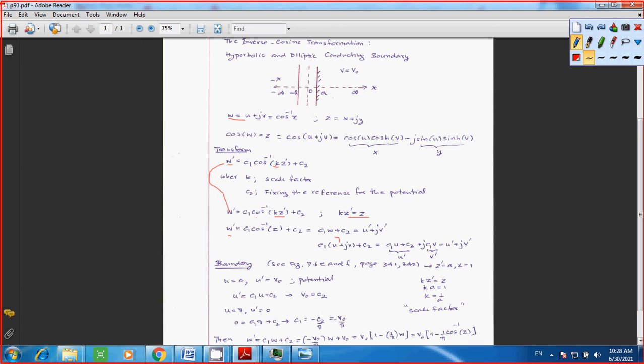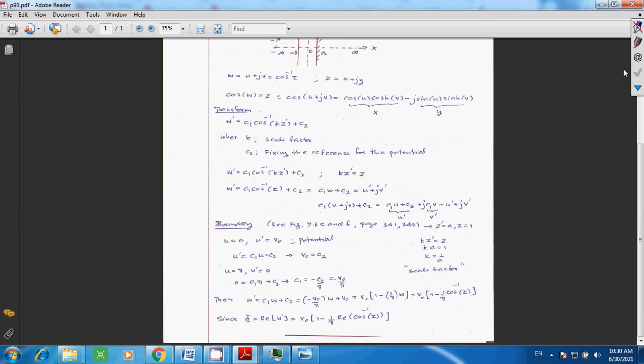Okay, and this is your W. And then you know that U prime is actually the real part, which is C1 U plus C2, and V prime the imaginary part. So that's the C1 phi.